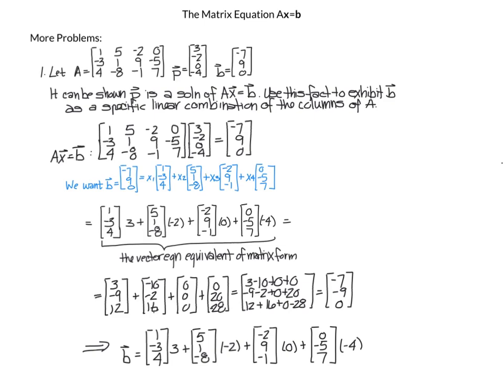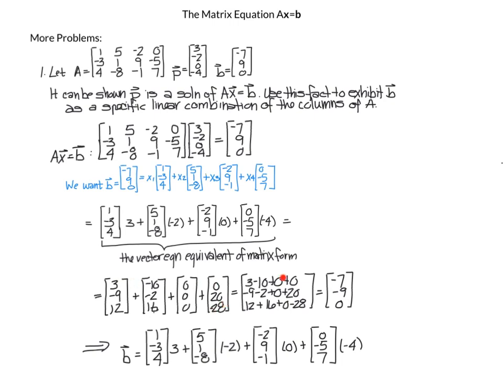I did that by taking this equation and doing the scalar times the vector. That would be 3 times 1, which is 3. 3 times negative 3 is negative 9. 3 times 4 is 12. This minus 2 times 5 is minus 10. Minus 2 times 1 is minus 2. Minus 2 times minus 8 is 16. This is 0. This is 0. Minus 4 times minus 5 is 20. Minus 4 times 7 is minus 28.